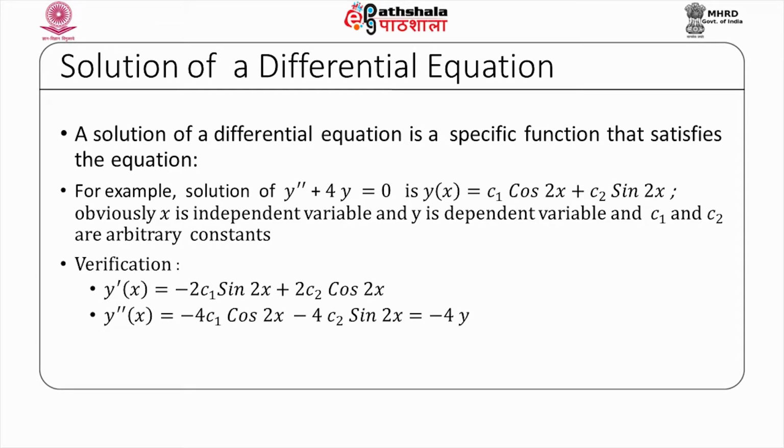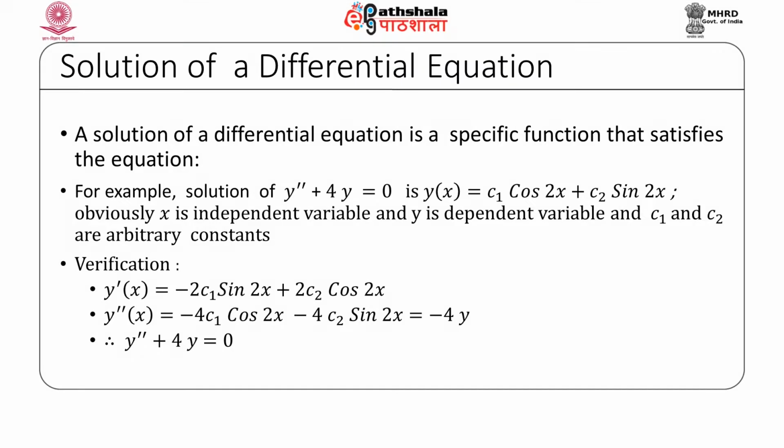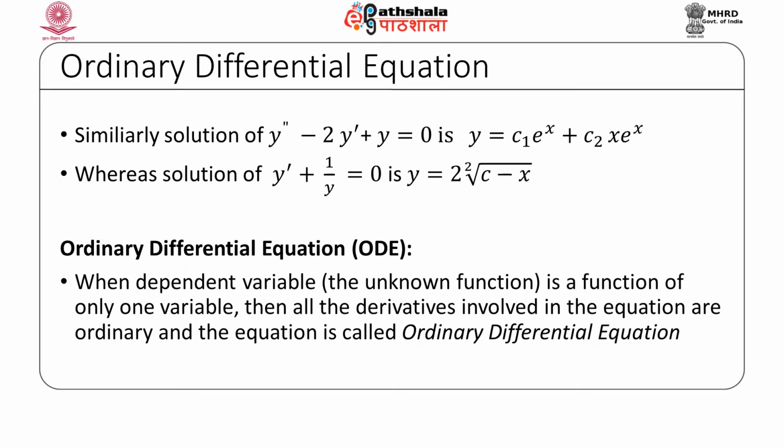Here you take minus 4 common, inside the bracket we are left with c1 cos 2x plus c2 sin 2x, that is y(x). So, we get y double dash(x) is minus 4y. Taking minus 4y to the left side, we get y double dash plus 4y equal to 0. So, verification that a particular function is a solution of a differential equation is very easy. Just differentiate and see that those derivatives satisfy the differential equation.